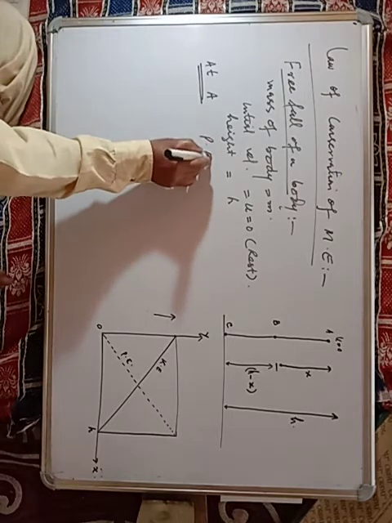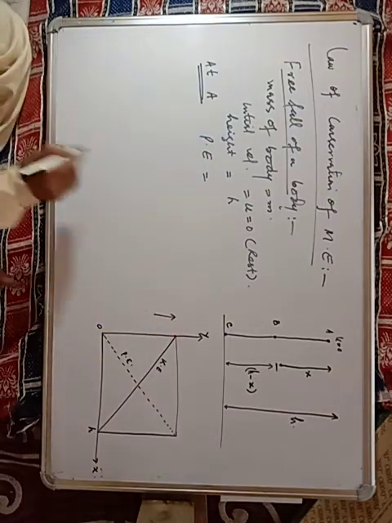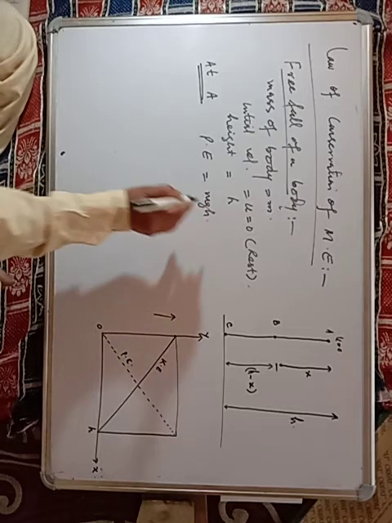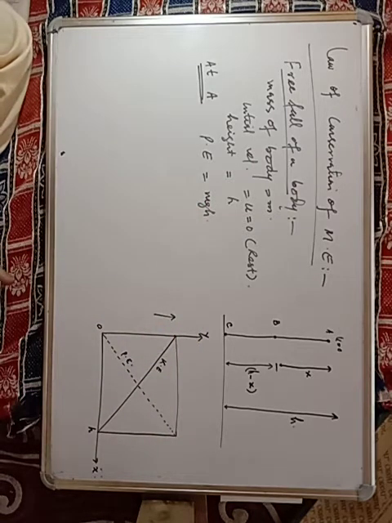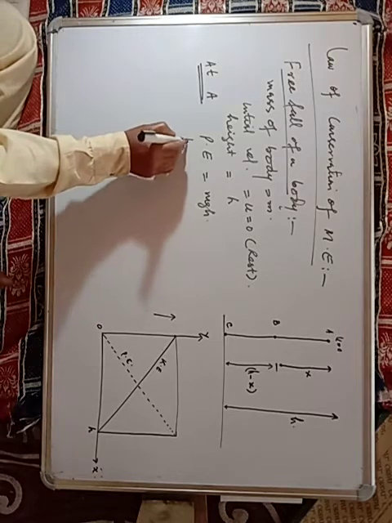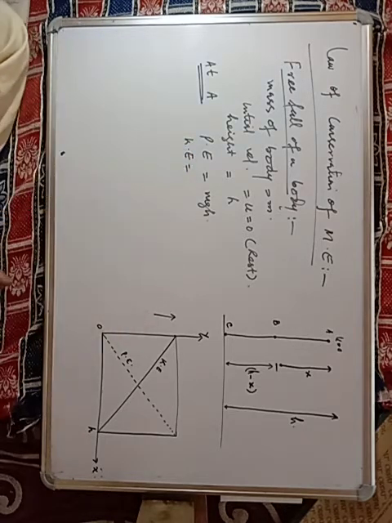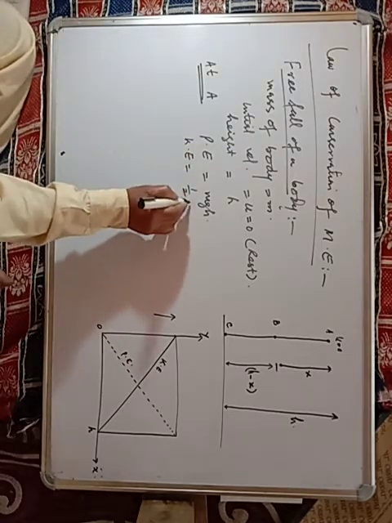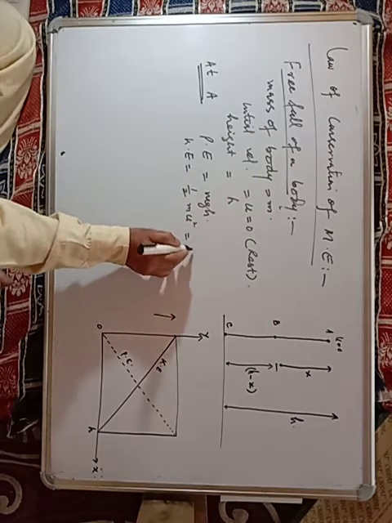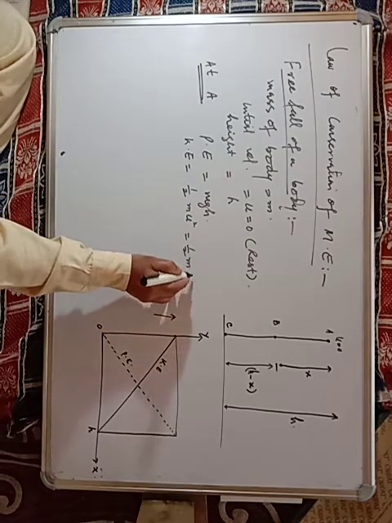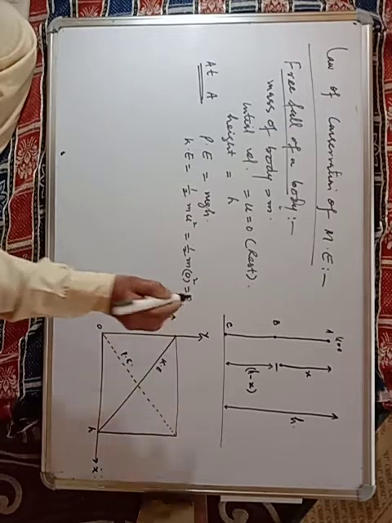potential energy of the body is equal to mgh. g is acceleration due to gravity, m is the mass of the body, and h is the height. And its kinetic energy is equal to 1/2 mu square, which is 1/2 m into 0 square, which is equal to 0.